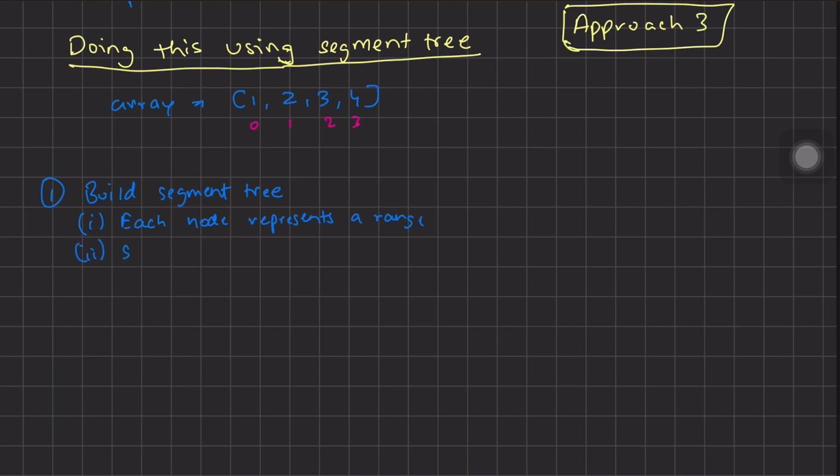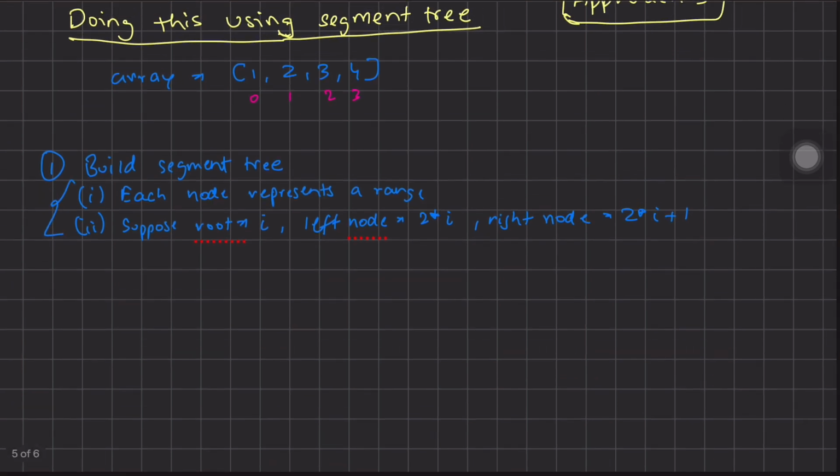If we suppose the root of the segment tree has index 1, or in general index I, then the left node will have index 2 into I, and the right node will have index 2 into I plus 1. All right. Taking care of these two points, now we will construct our segment tree.